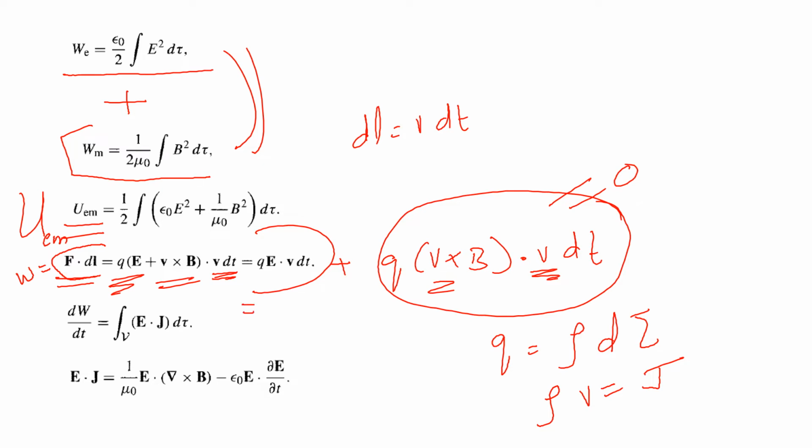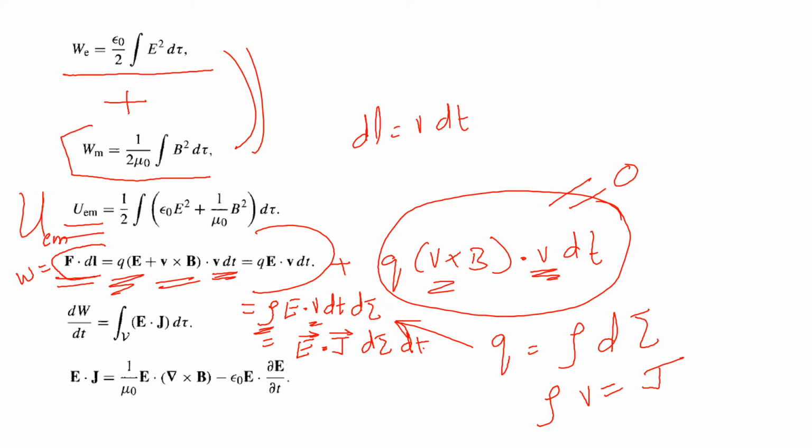We can substitute here: instead of Q, we plug in rho, then E dot V dt and d tau. I just plugged these terms in instead of Q. This can be rearranged: there is a rho and V, and that rho V can be replaced by J. So this will be E dot J d tau, then dt.